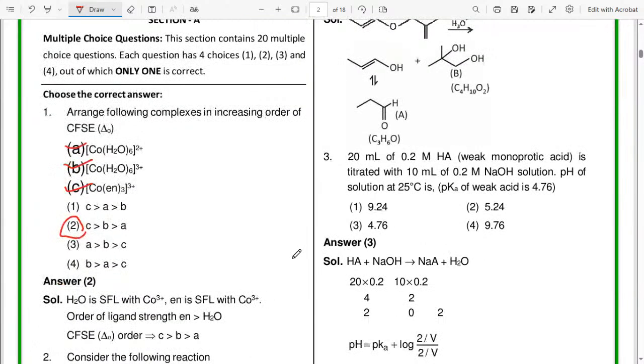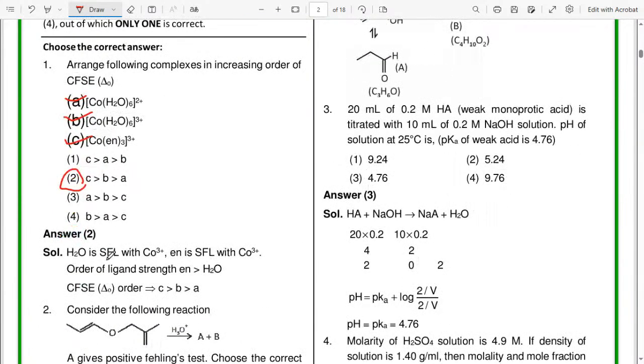The solution is like this: water is a weak field ligand with cobalt 3 plus, in this complex en is a strong field ligand with Co 3 plus, and in the order of ligand strength, en is greater than water. So the crystal field stabilization energy order will be: ethylenediamine, that is C, followed by B, water in 3 places, and this is A, that is water in 2 places.